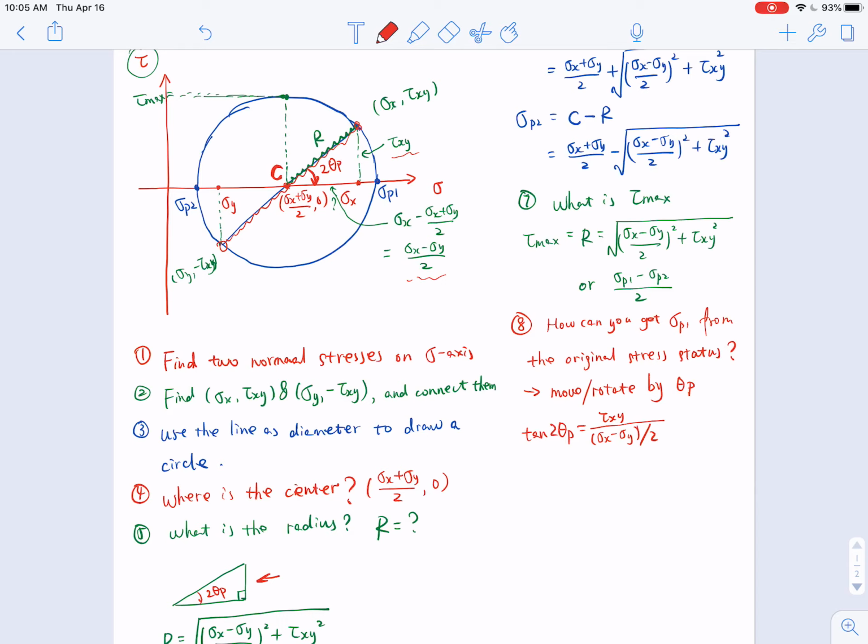This is the equation you can see in the summary slides. Actually, we proved it again. It's easy in the Mohr circle to derive any key equations you will use for determining the principal stresses, maximum shear stresses, etc. You can derive all of these equations from the Mohr circle.